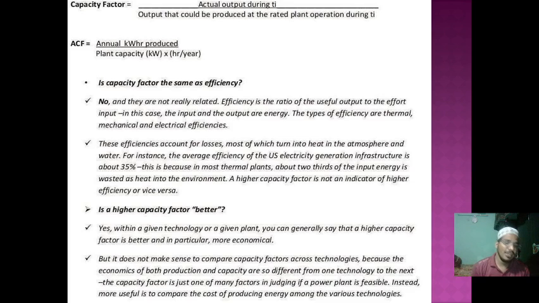Is a higher capacity factor better? Yes, definitely, because if the power plant has more capacity to consume and to produce, it is a good advantage for us. We can produce more here. If we want to produce more, we can give more also.